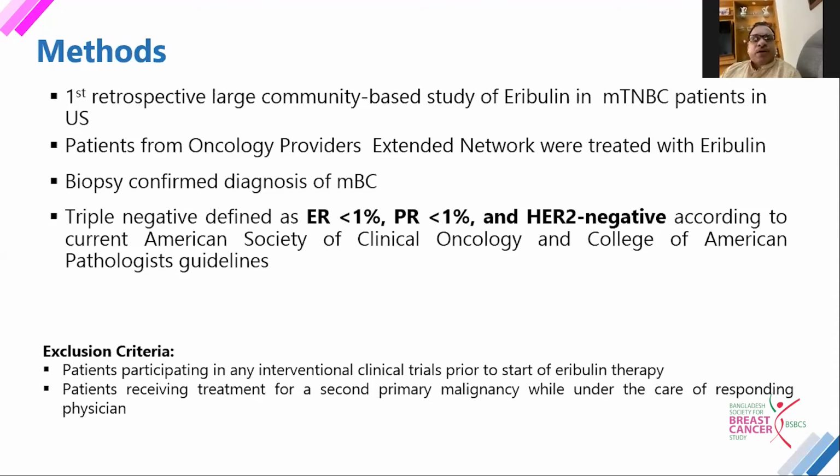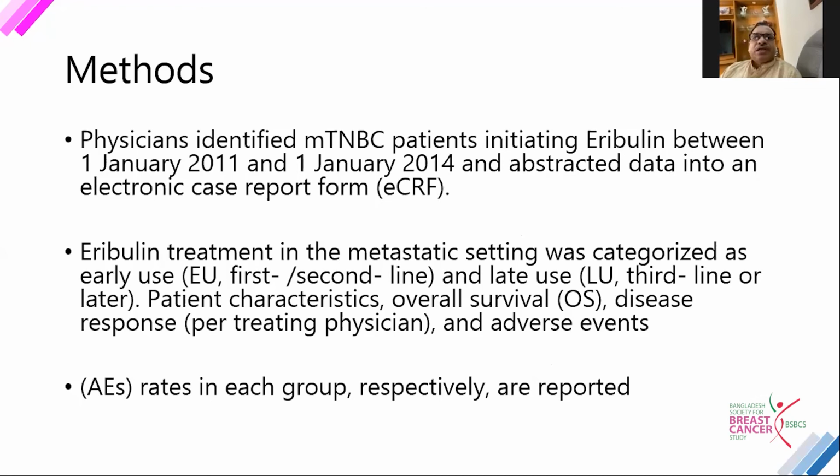Biopsy-proven triple-negative breast cancers, with the physician identifying the treatment of the breast cancers. This study was performed from 1st January 2011 to 1st January 2014. Eribulin treatment in the metastatic setting was categorized as early use, that is first or second line, and late use, third line or later lines. It shows the overall survival, disease response, and adverse events.